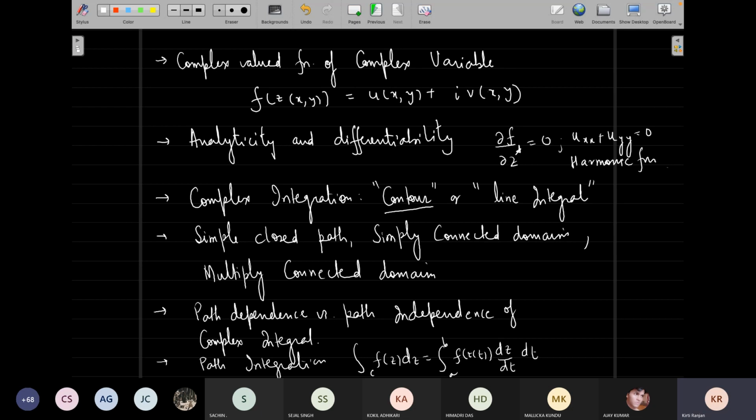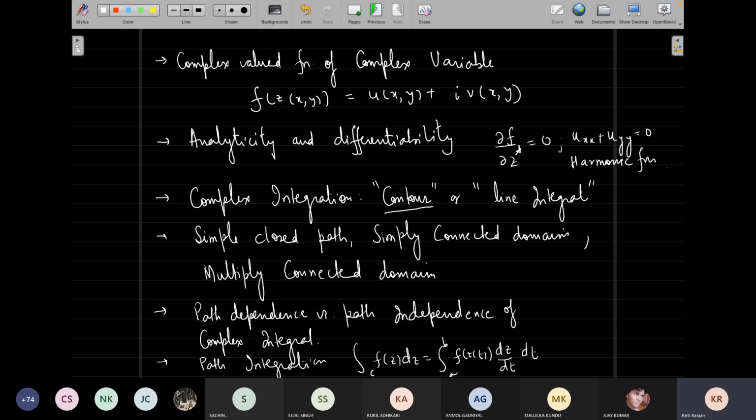Remember, when we write this, we need our function f(z(t)) and dz/dt both to be piecewise continuous. That's what the contour is: the function as well as the derivative of z with t is piecewise continuous.